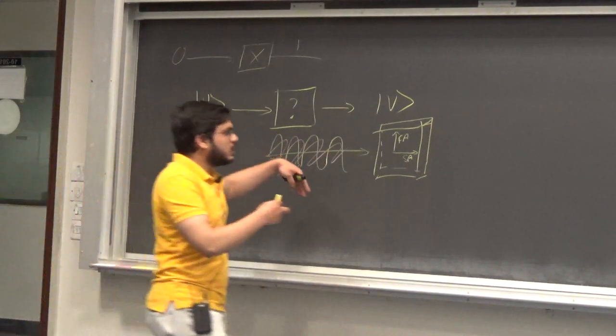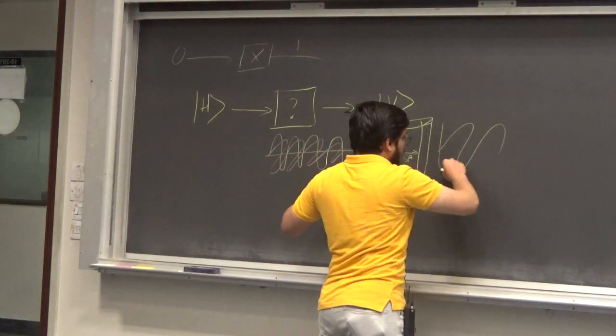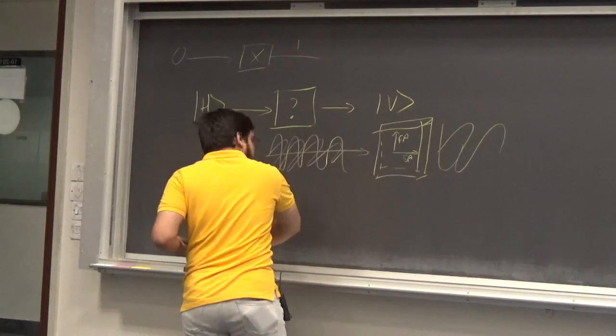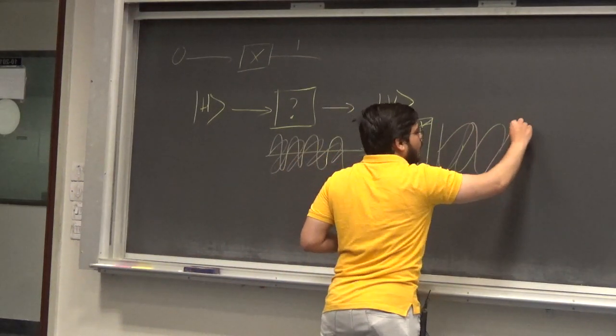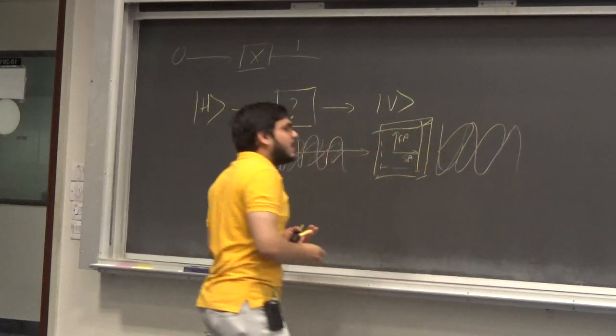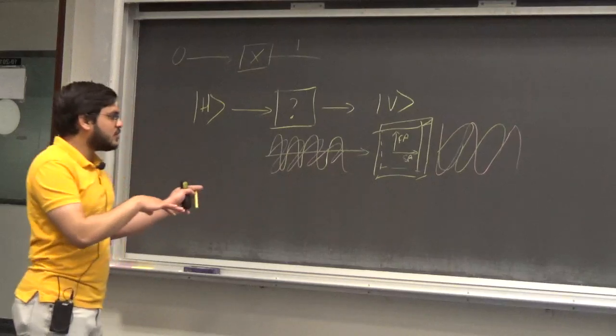Now this portion, if it's being displaced, will give us a different combination of H and V's, and this will be a different polarization of light. So this is how we change the polarization.